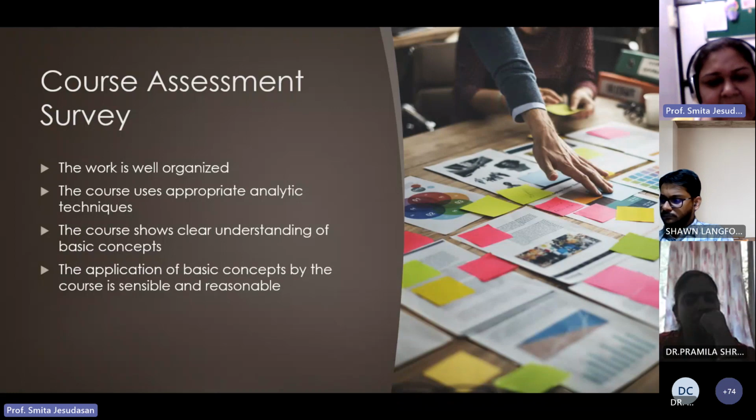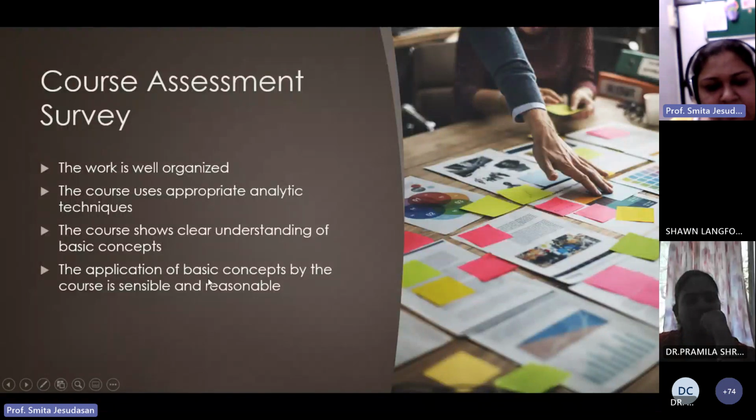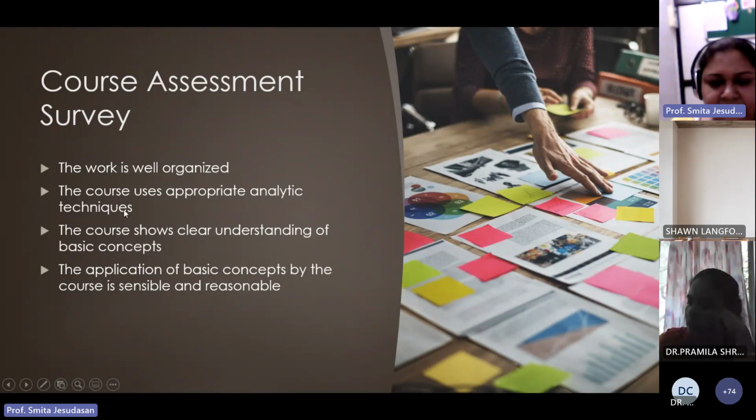Next, coming to skills: see the fourth question, the application of basic concepts by the course is sensible and reasonable. The second question, the course uses appropriate analytical techniques. So this is related to skills which the students learn.